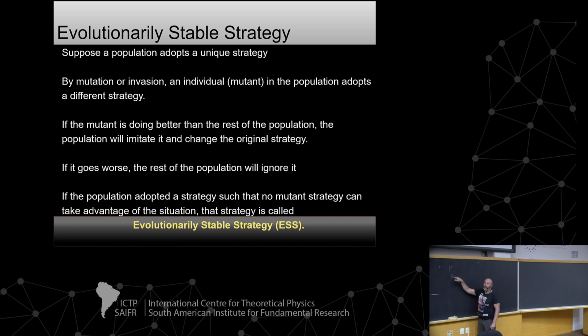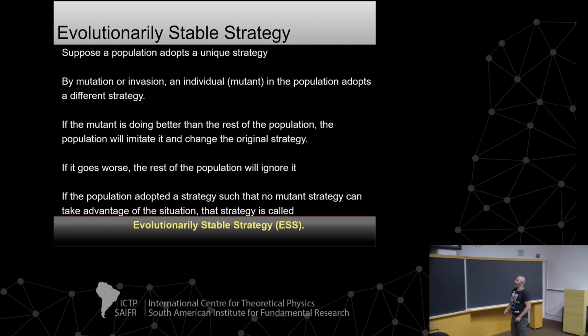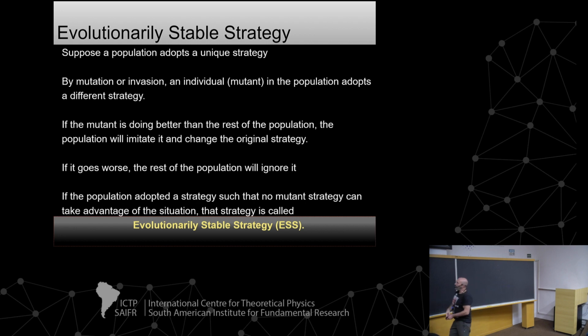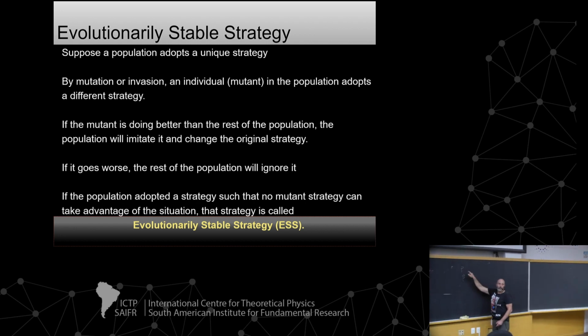If this is the situation, the population has adopted an evolutionary stable strategy, because there is no possibility that a mutant will invade the population and make it change to the new strategy. So let's make some calculations to see which are the conditions for a strategy to be evolutionarily stable.